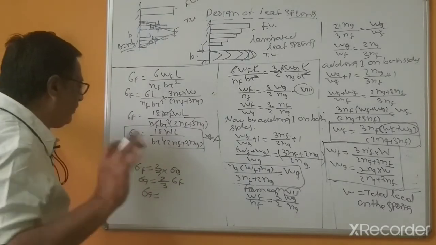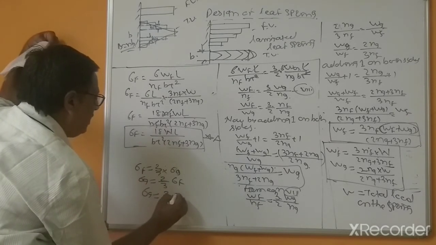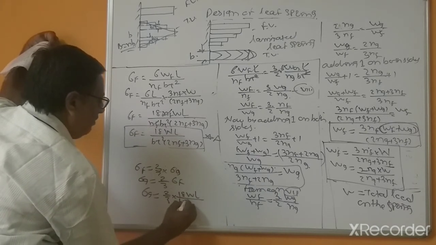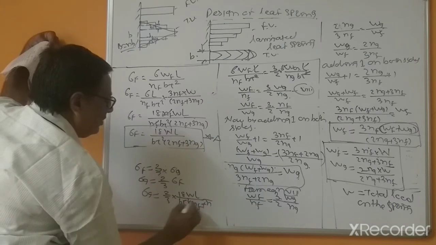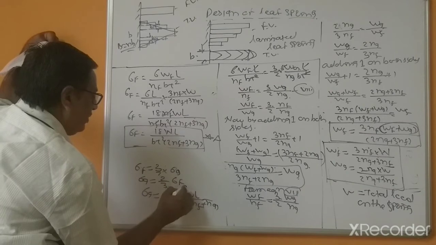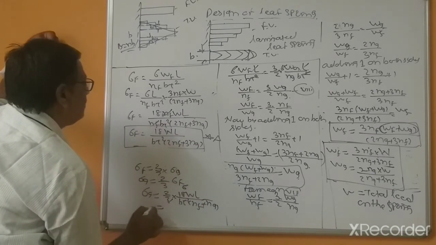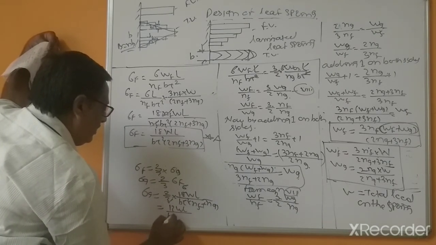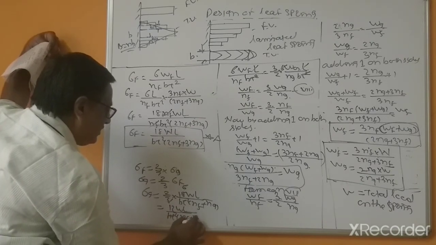Remember this formula, σg equal to 2/3 multiplied by 18 WL divided by B t squares, total number of the full springs, full leaves, and total number of the graduated. So this will get cancelled, and sorry, this is 6. So this formula becomes 12 WL divided by B t squares Nf plus Ng.